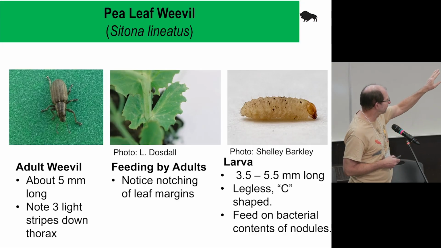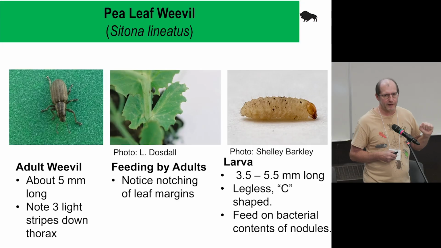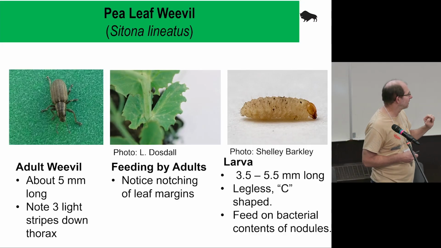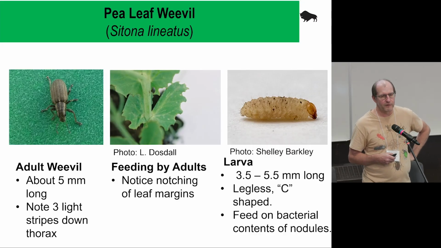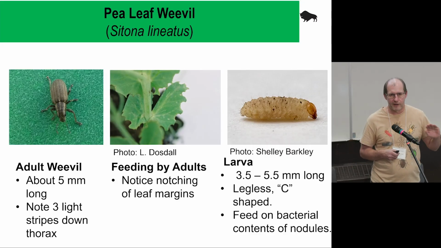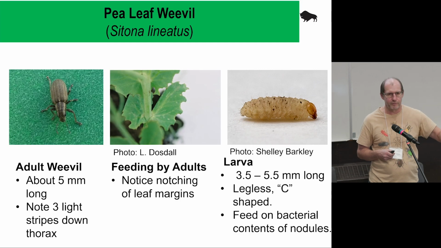So you'll see a lot of this notching. Unless it's really extreme and really dry conditions to stress the plant, the adult feeding generally isn't economical. There can be exceptions, but generally it's not. It's the larvae that do the economic damage. The larvae are strictly underground. You'll never see them unless you start pulling plants up.